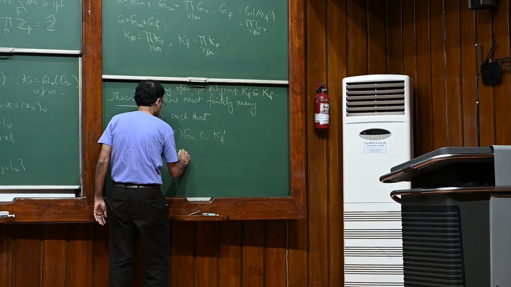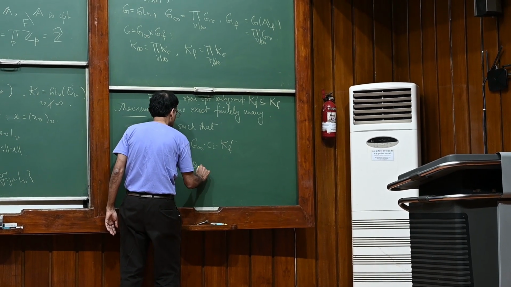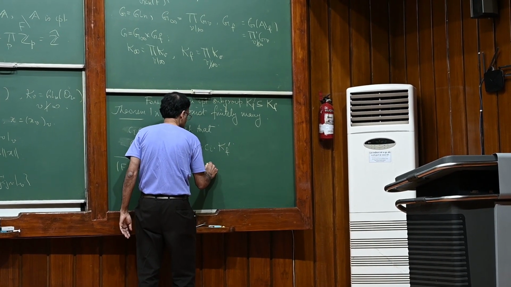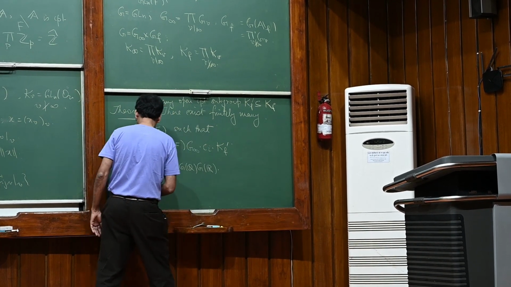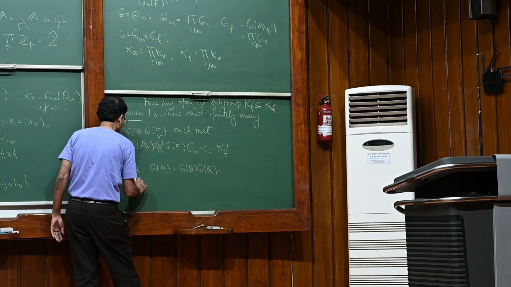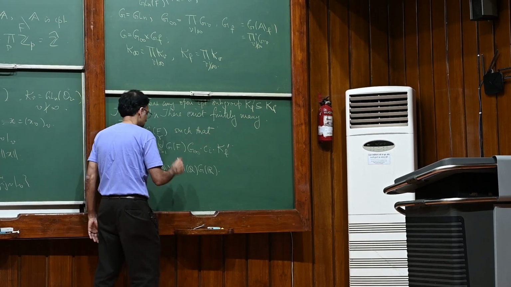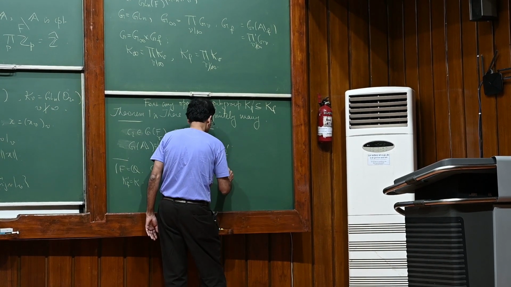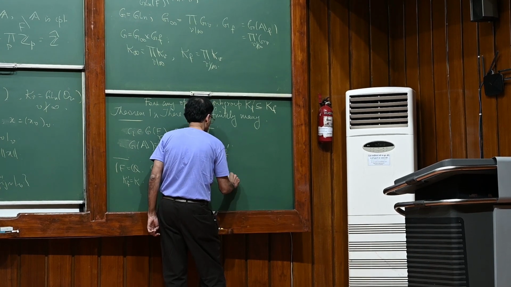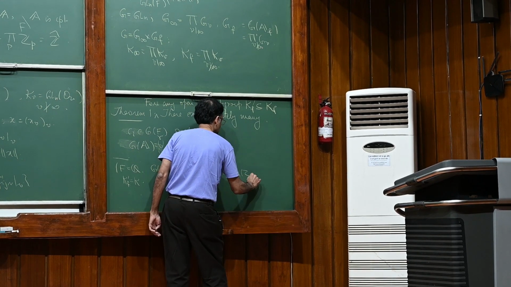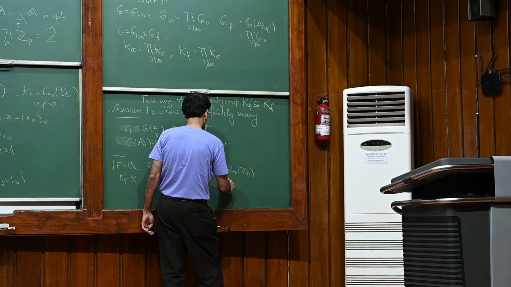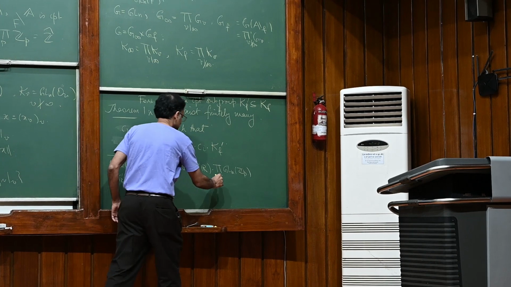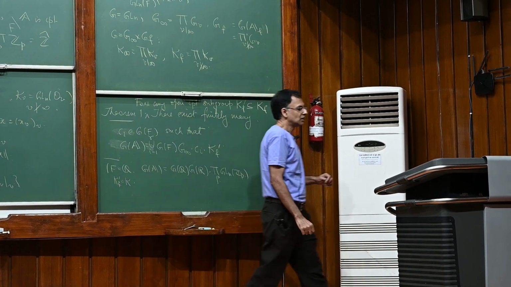And I'll end up getting G_A is nothing but G_Q times G_R, and let's take K' to be equal to K. So then it just be the product of GL_N(Z_p). Okay. All right.